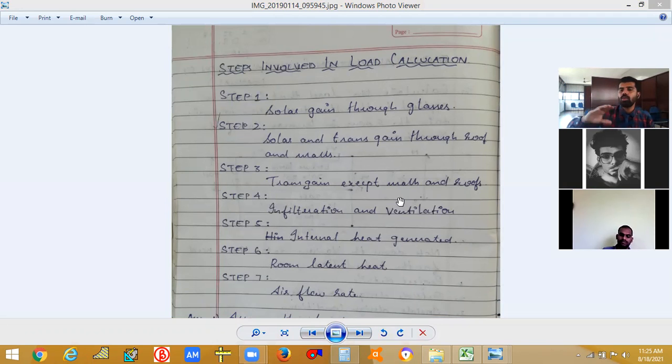This is similar to what we did yesterday in Origin: solar gain through glasses, solar gain through roof and walls, transmission gain through walls and roofs, infiltration, ventilation, internal heat generation, room data and heat. So these all are similar, and here also we have to go through all these 7 steps. Then only we will get the heat load properly.